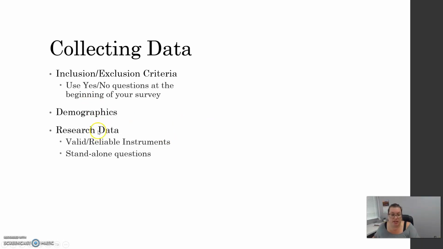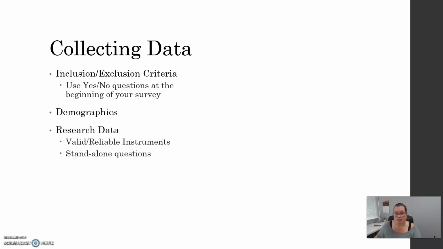And then last but certainly not least is your research data. How are you collecting that information? Most of the time with researched variables, there will be valid and reliable instruments. You can get the manual for those instruments. You have access to validity and reliability research that you can provide as support for use of that instrument.